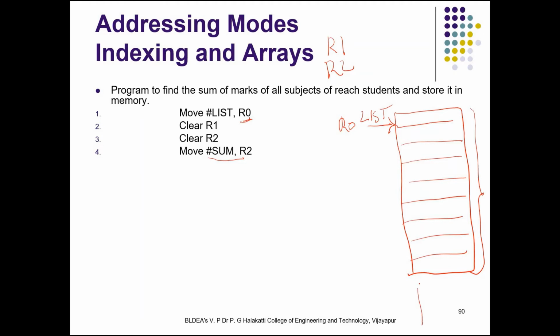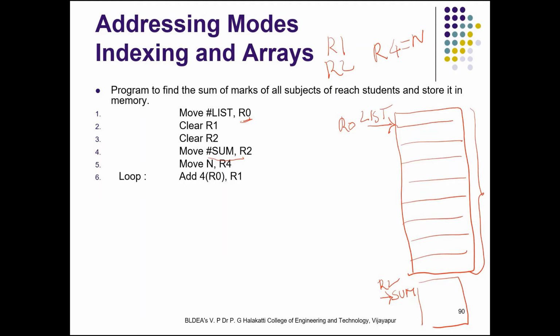So we have here sum, and to this sum R2 is pointing. Now n is the count, as we already know. So the value of count, that is the number of students, is stored in R4. So R4 is going to contain the count.